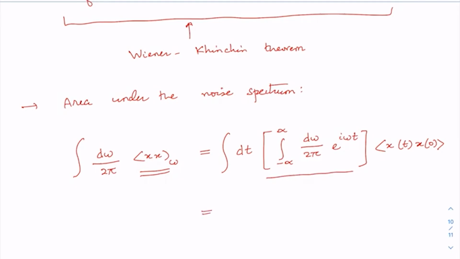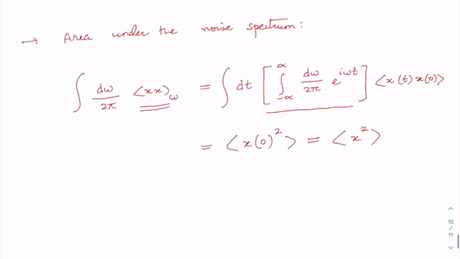So this will give us x0 square here, and because all times are equivalent in steady state, I can simply write it as x square. So what you see is that the area under the spectrum gives us the variance of x, and we know that the variance of x is directly related to the temperature of the harmonic oscillator in thermal equilibrium.